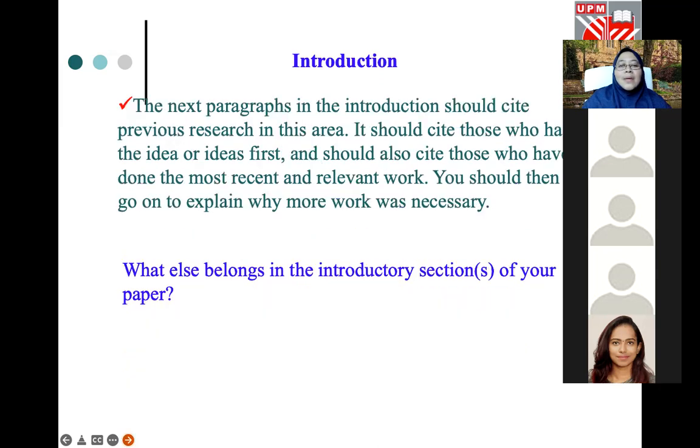Right, so the next paragraph: what else belongs in the introductory section of your paper? Of course, you should cite those who had the ideas first, and you should also cite those who have done the most recent and relevant work. It's not as comprehensive as chapter 2, which is the literature review, but at least give an idea to the reader.